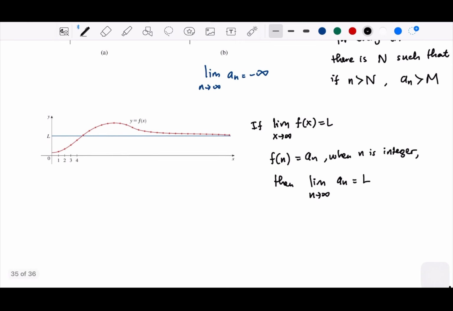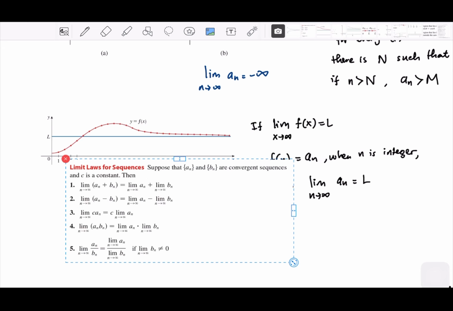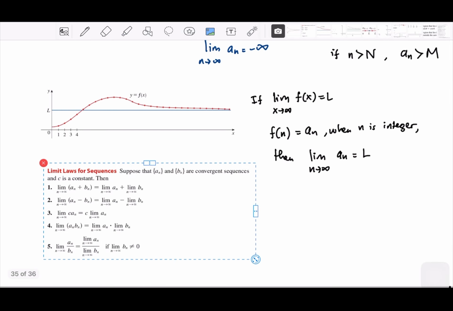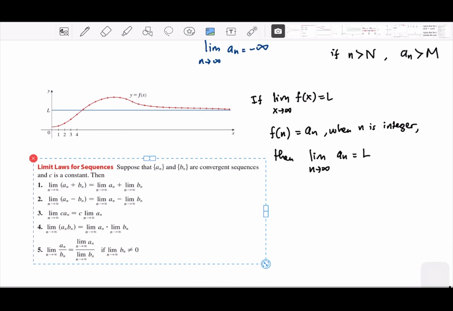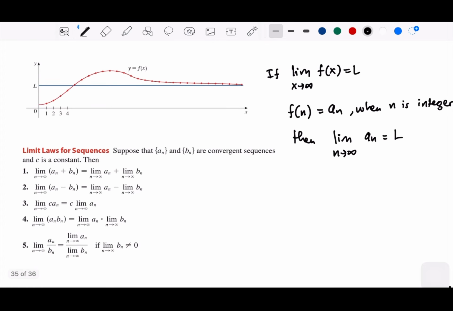And since we describe all the sequences with limit, because we have the infinite sequence, then we are going to apply all the limit laws. So if we have the sequence A and sequence B that both are convergent, then all the limit laws that you have learned before in limit are all applicable.